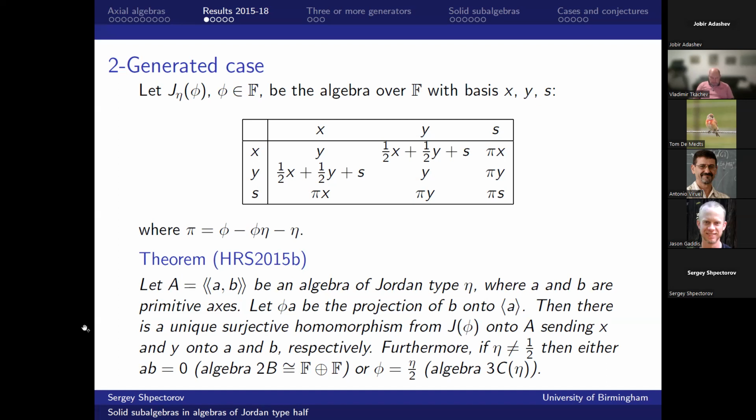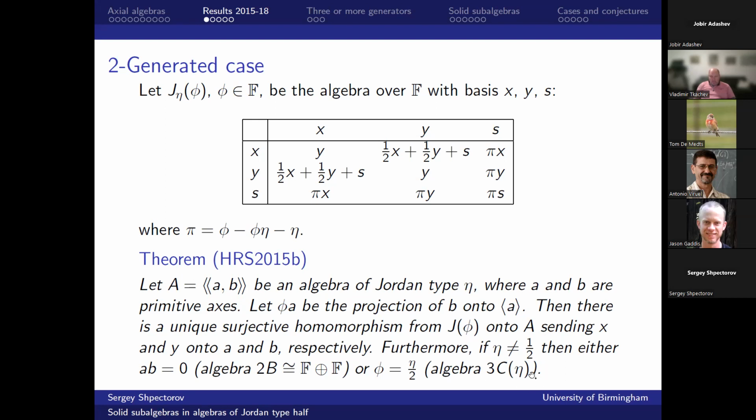And furthermore, eta equal to 1/2, as we say, is special. So if eta is not 1/2, then in fact the value phi is basically 0, in which case we just have this algebra of dimension 2, just the field plus itself, a very simple algebra. So in this case, AB multiplied is 0, or phi can be eta over 2, and there is a 3-dimensional algebra 3C of eta with a very simple multiplication table that exists in this case.